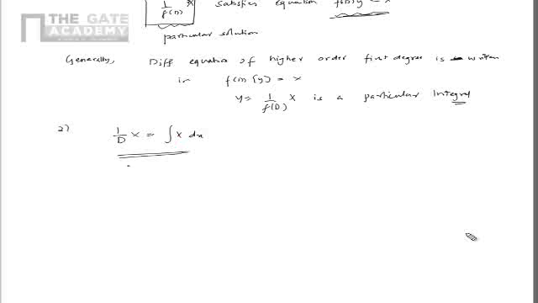So how do you derive this? So this is 1/D X, let this be y. Now if I operate by D, operating by D is nothing but d/dx. So if I operate by D, what will I get? D (1/D) X is equal to Dy.